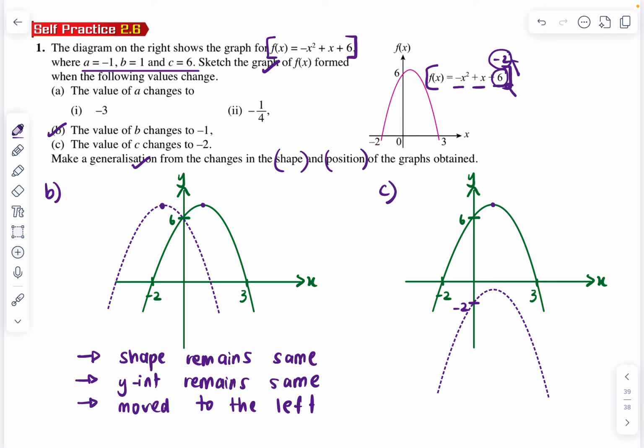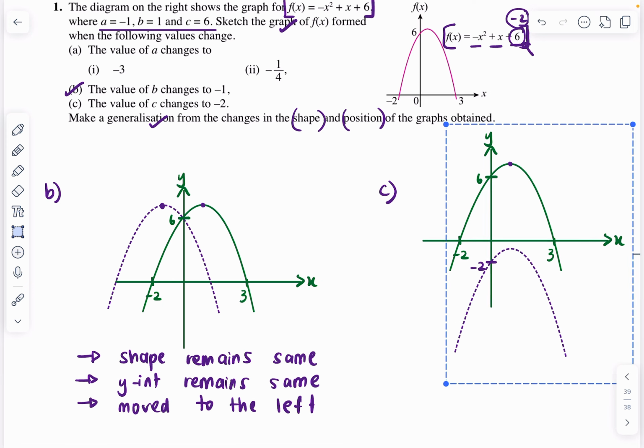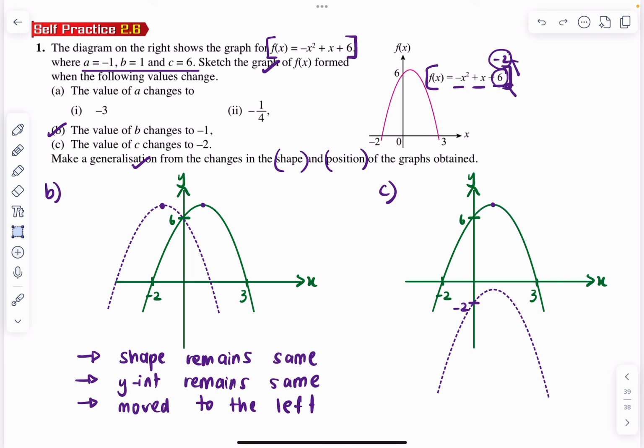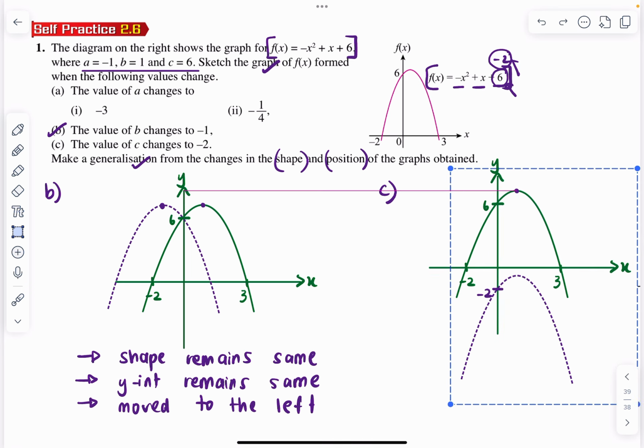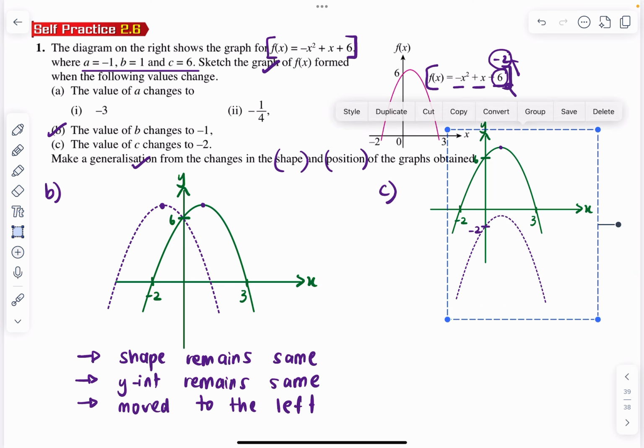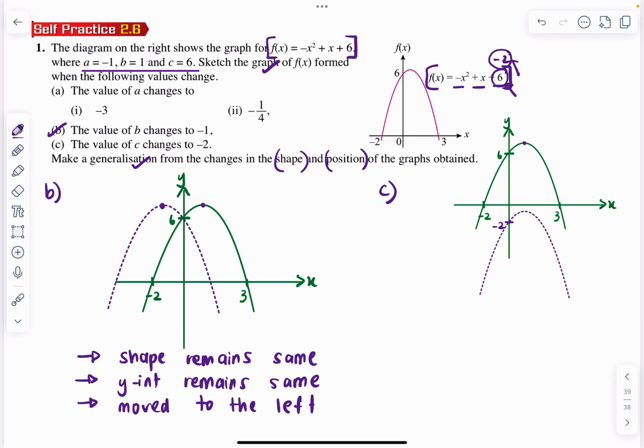So we can conclude this. Okay, we move this graph here. Make it a bit smaller. So the conclusion will be the graph shape has remained the same.